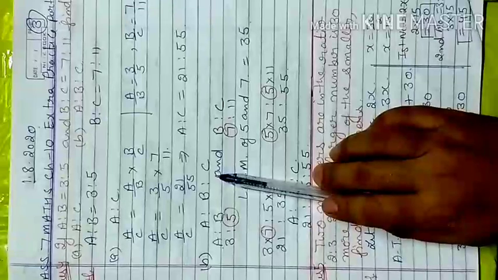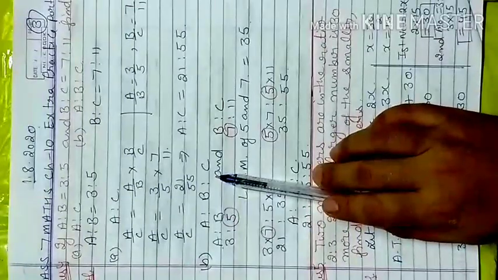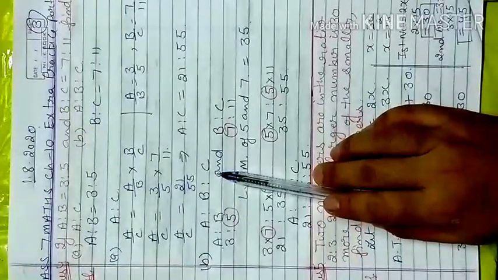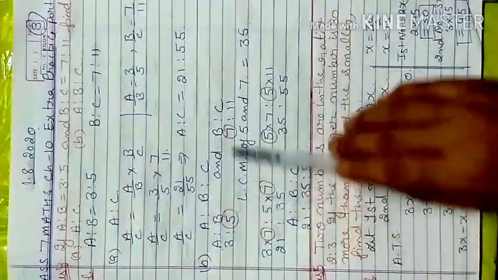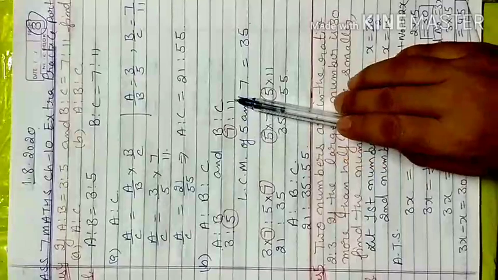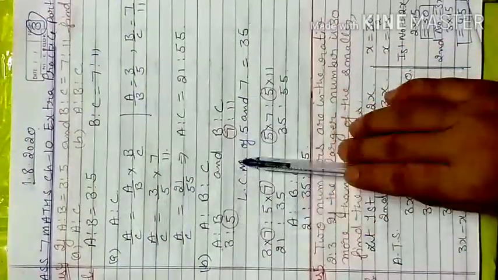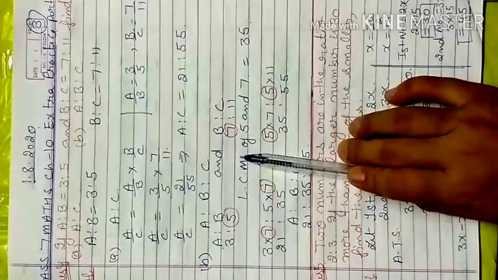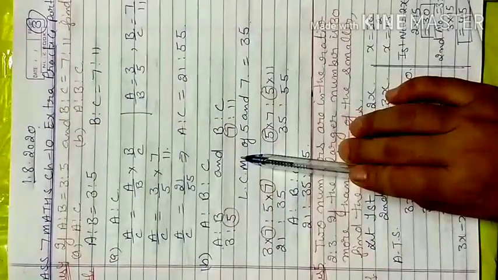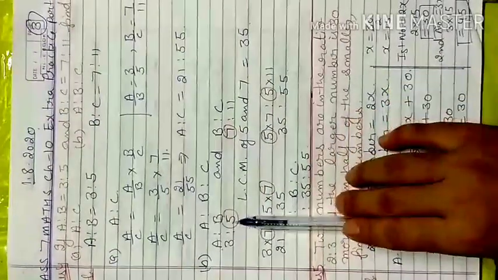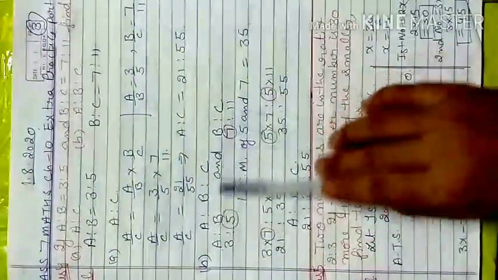If you want to merge the values of all three terms a, b, c, basically the middle term will be merged. First you have a ratio b given as 3 ratio 5, and b ratio c given as 7 ratio 11. Now both b's have different values and can't be merged. So for merging you have to make them the same value. For the same value, I circle these values 5 and 7.